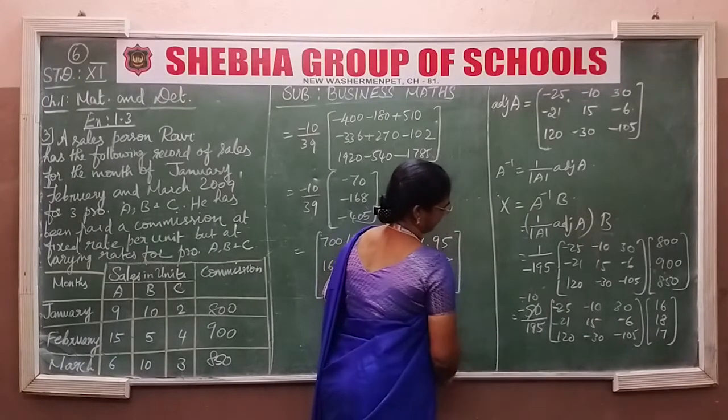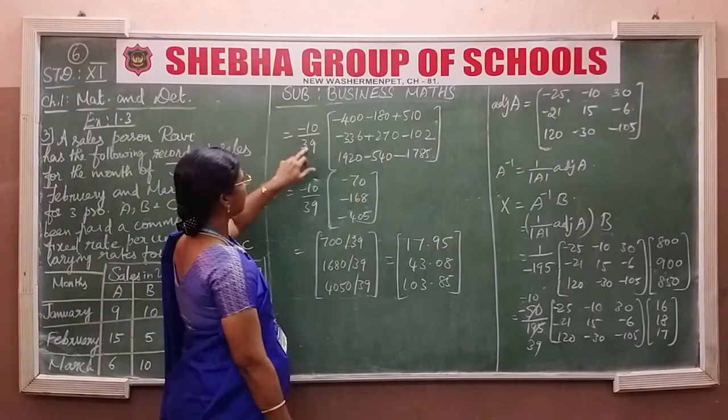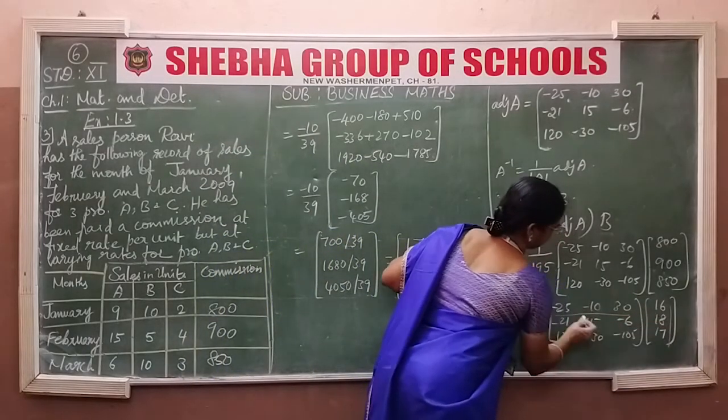This becomes 10 and this becomes 39. So we get minus 10 by 39 into multiplying this matrix and this matrix we get.